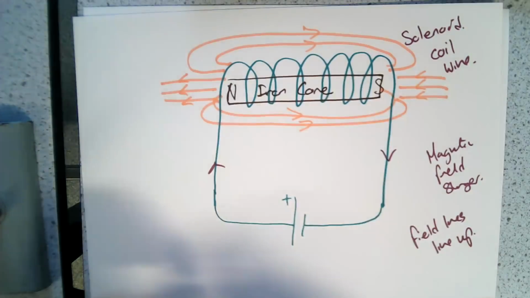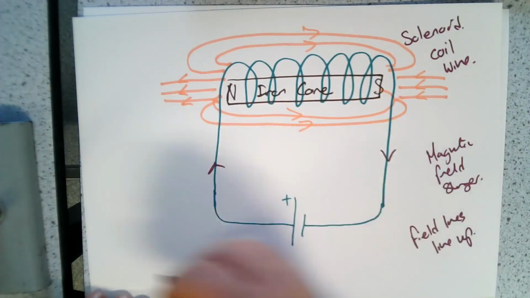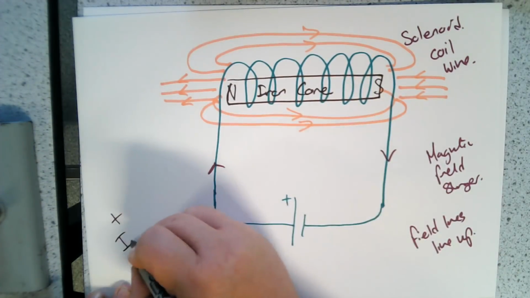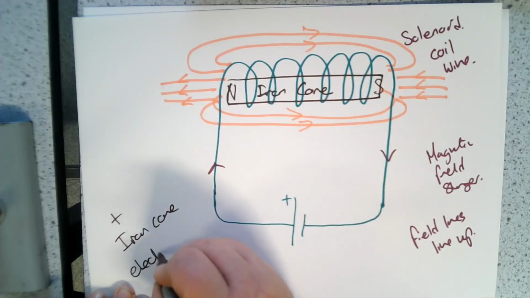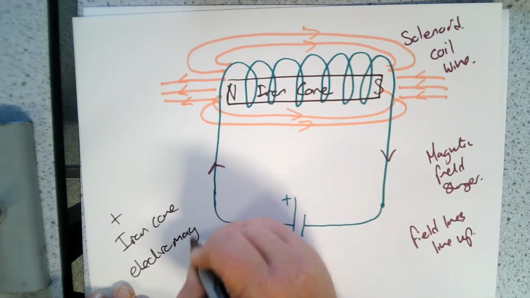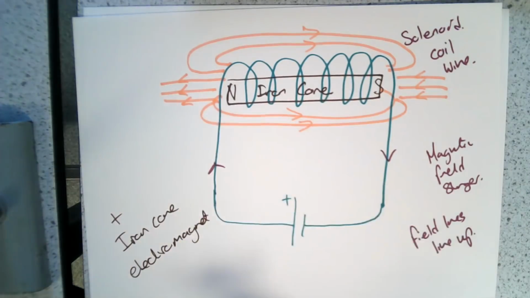And when I insert that iron core, I create an electromagnet. You might have actually done the practical where you have an iron nail, wrap some wires around it. Wrapping the wires around is making a solenoid. You connect it up to your power pack, and you can pick up loads and loads of paper clips.